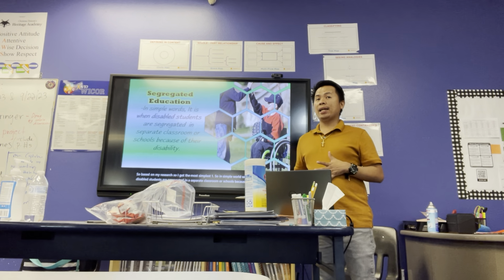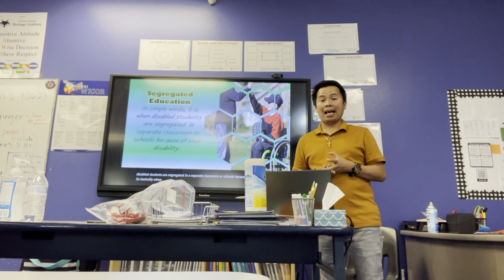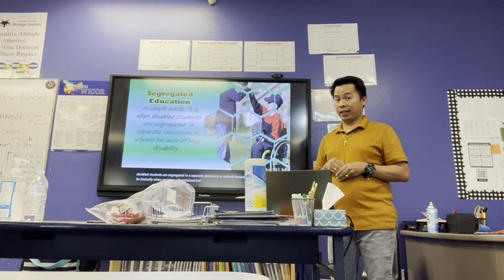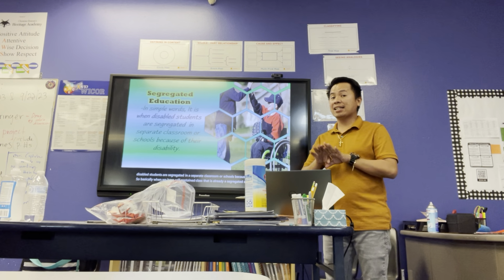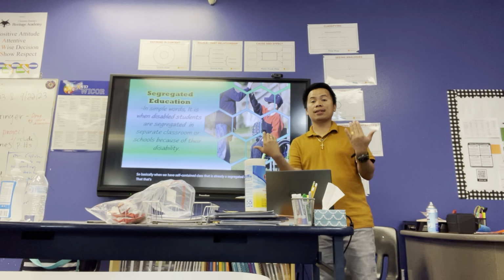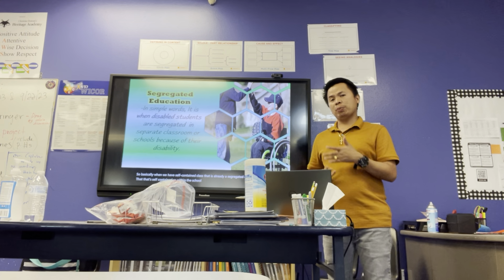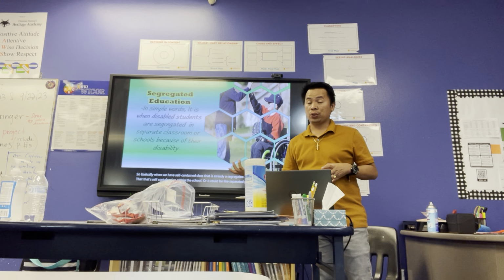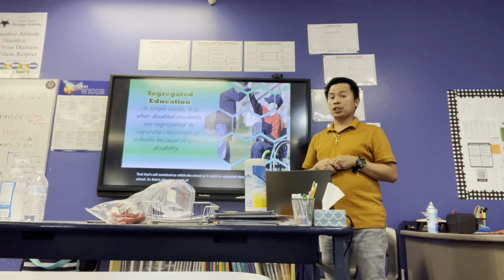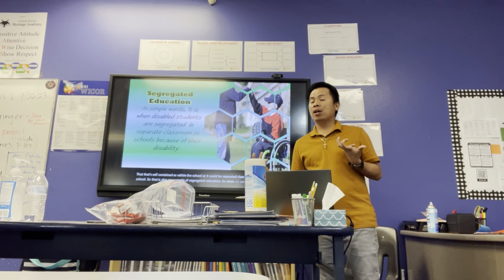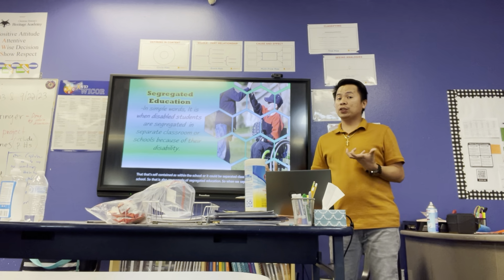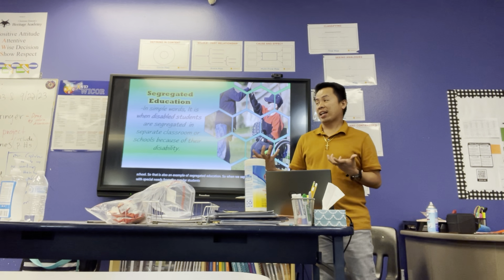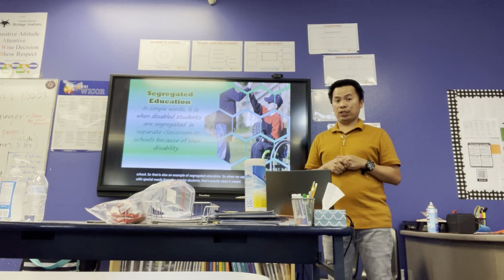So basically, when we have a self-contained class, that is already a segregated education. That self-contained is within the school, or it could be a separated class outside of the school. That is also an example of segregated education. When we separate the students with special needs from the regular students, that's exactly what it means, segregated education.